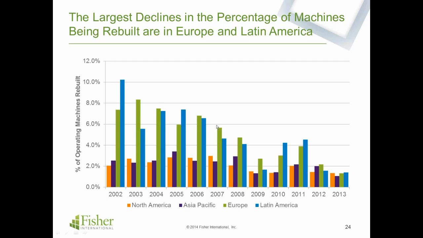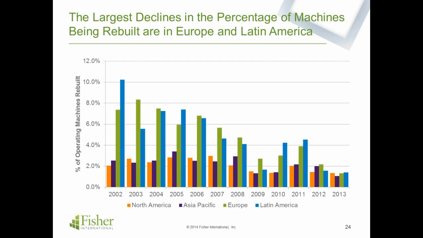But you'll see this pretty steady decline over time to where last year all regions were, I excluded Africa and Middle East because there's just not a lot of activity there, but last year the whole world had settled in around that 1.5% mark of operating machines being rebuilt.